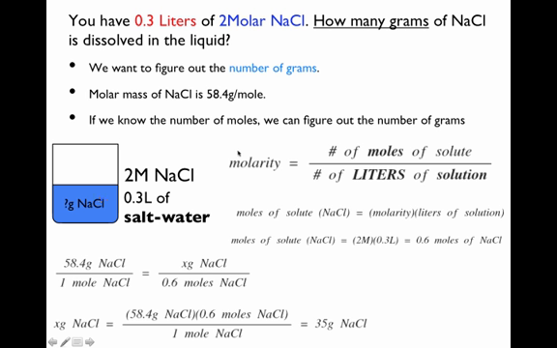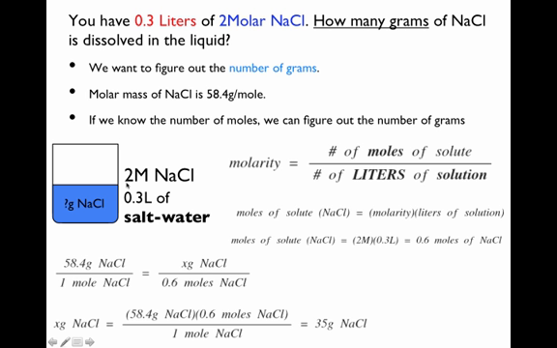We can, however, figure out the number of moles of table salt directly, and we figured out that it was 0.6 moles of table salt dissolved in those 0.3 liters, and then if we knew the number of moles, we could figure out the number of grams. And that's what we did. So there happened to be 35 grams of table salt dissolved in our 0.3 liters of salt water if the concentration is 2 molar. And so that again, I realize is probably a somewhat difficult question, but there it is.